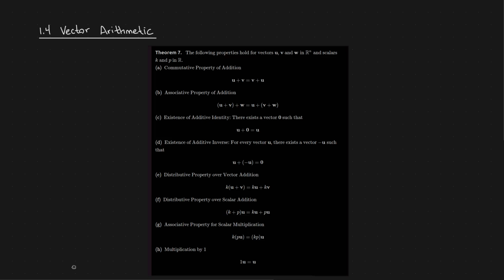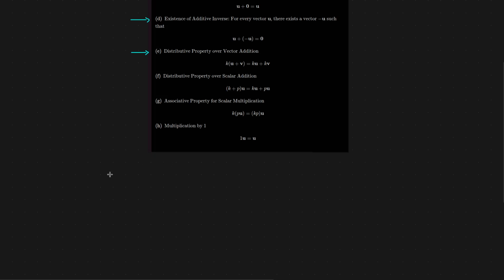Proof is the foundation of all higher level mathematics. It's not enough just to do some calculations. You want to prove general results. So we're going to prove property D and also property E. Okay? So let's start with property D.